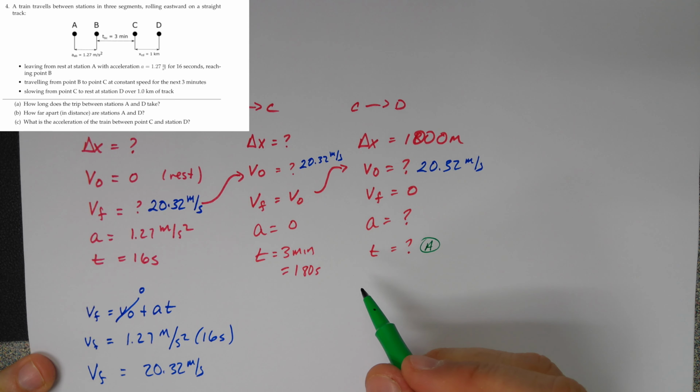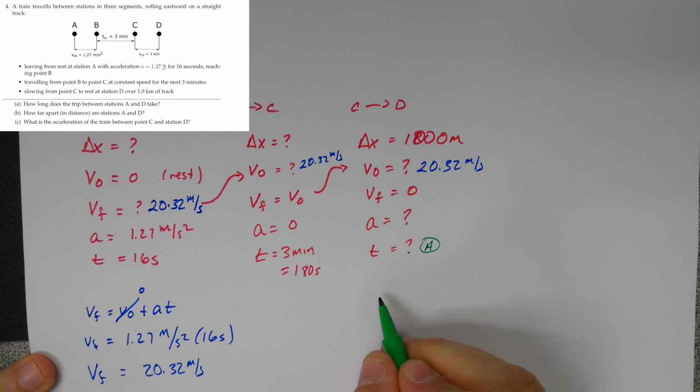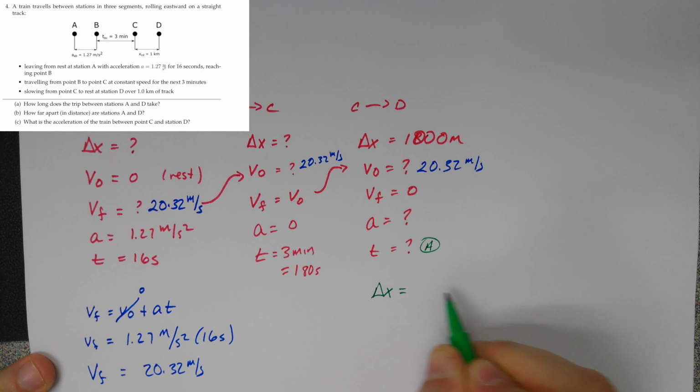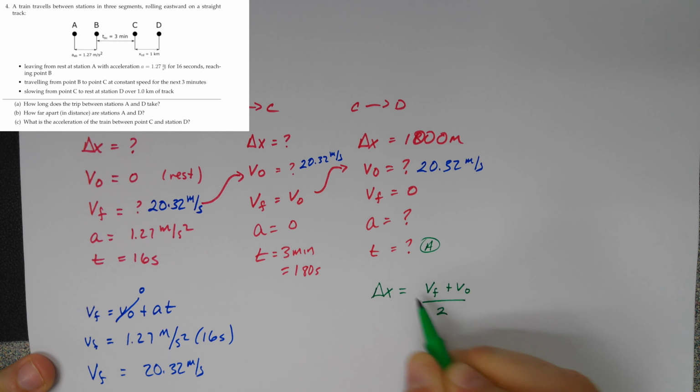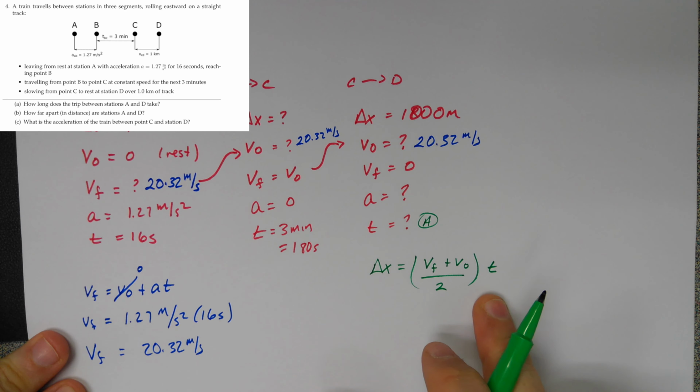We don't know the acceleration, but we don't need it. We can do the average velocity equation. Delta x is v final plus v initial all over 2, that's our average velocity, times our time. And we're solving for the time.